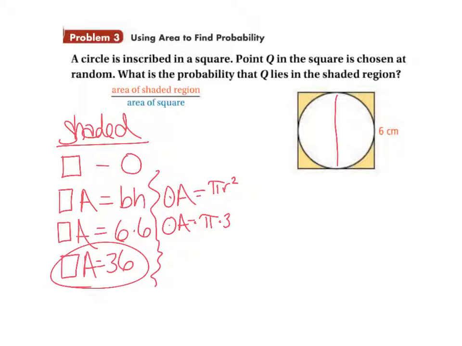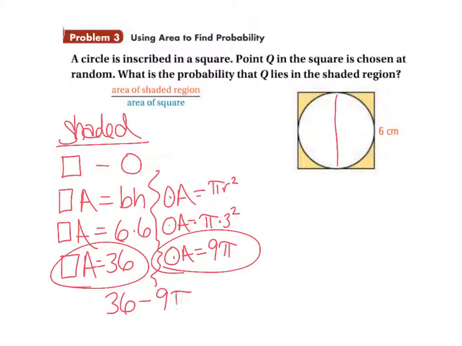So times 3 squared. I'm just going to go decimal in this. Be sure to pay attention to your directions on how you should round. So that's really just 9 pi. I'm going to write 9 pi for right now. And then I have to subtract 36 minus 9 pi.